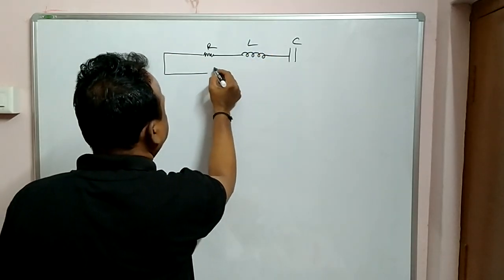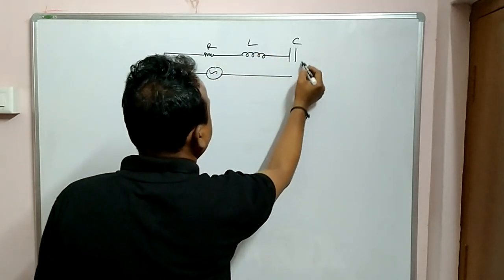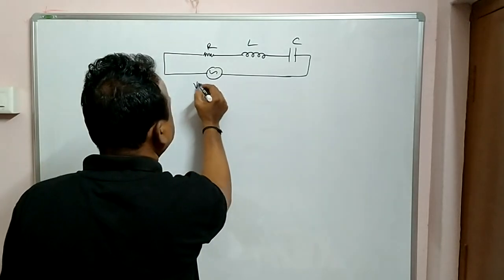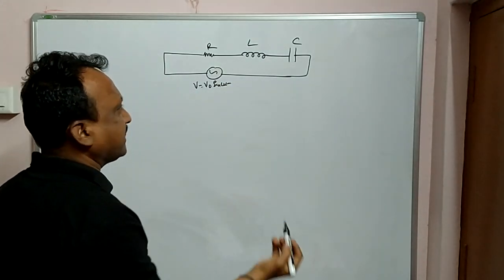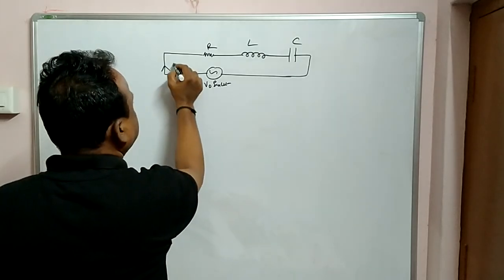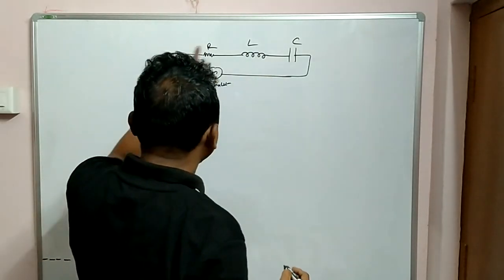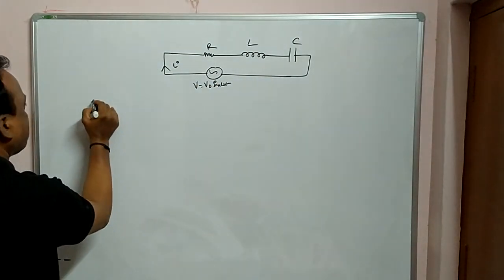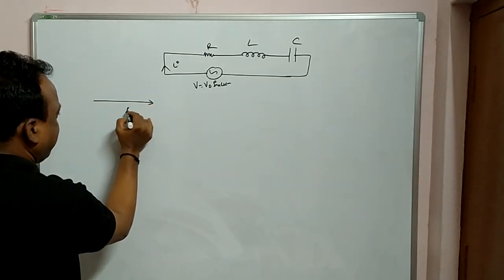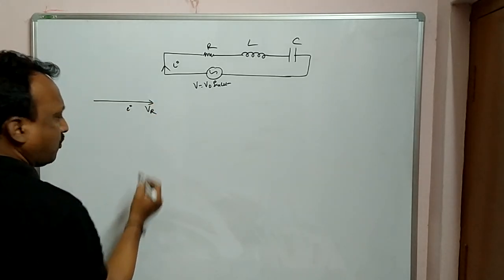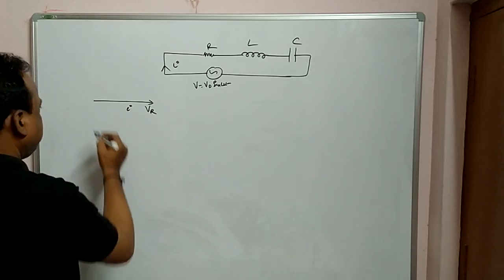So when the three of them are connected with AC voltage, that is V is equal to V0 sin omega t, or E is equal to E0, anything you can use in this case. When the three are applied, I have already shown you the diagram. For a pure resistor, the phase difference between current and voltage is 0.